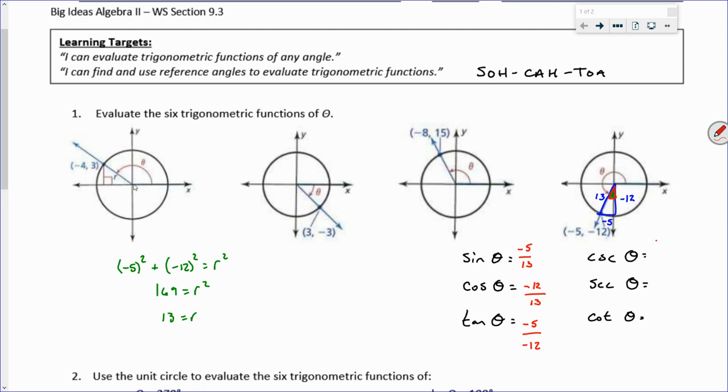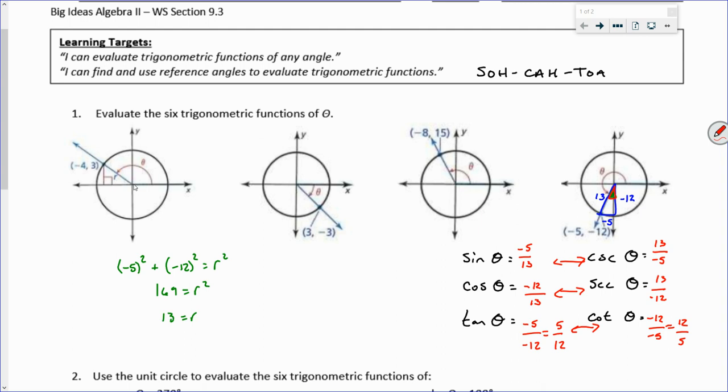Now we're going to go hypotenuse over opposite, hypotenuse over adjacent, and adjacent over opposite. So I should be able to cancel negatives there and leave it as 12/5. I should have also canceled negatives here and left it as 5/12. Notice how the final answers are just reciprocals of each other.